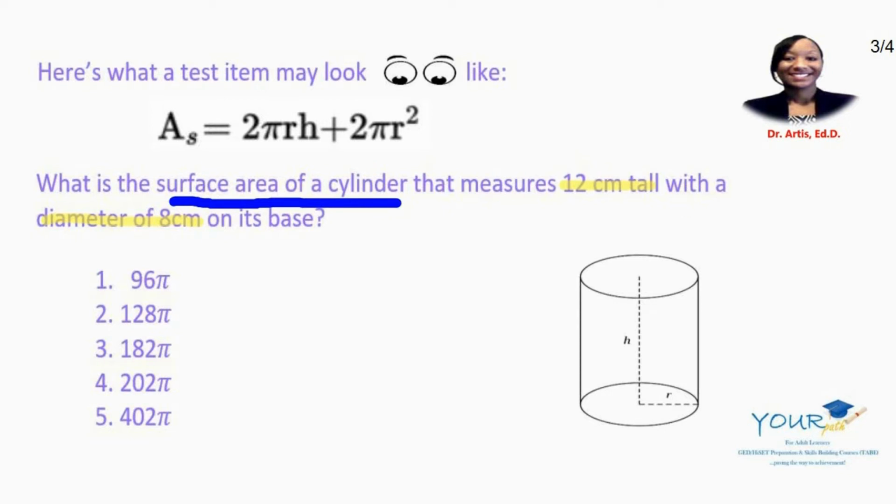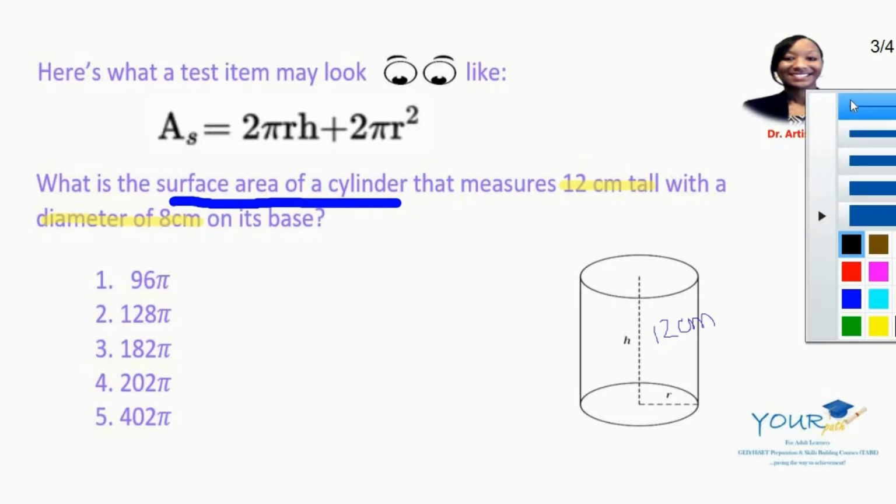So now let's write that information here. We know the height of the cylinder, which is 12 centimeters, and we do not know the radius. However, we can find out what the radius is if we know the diameter.